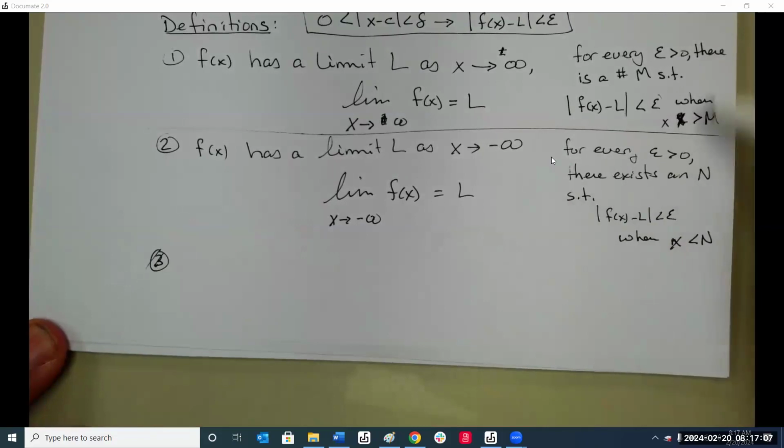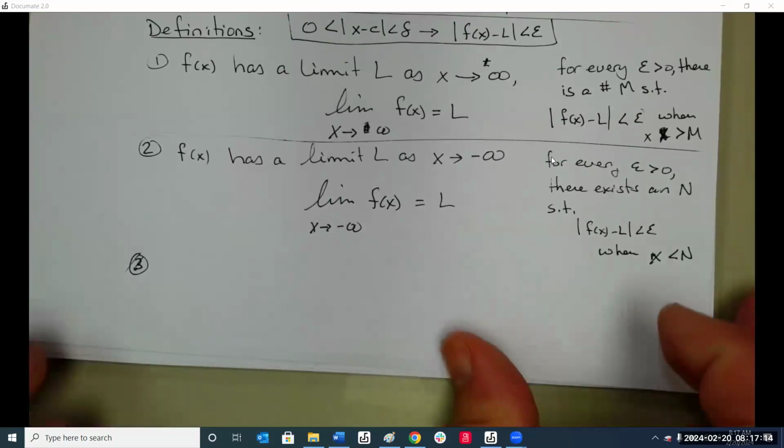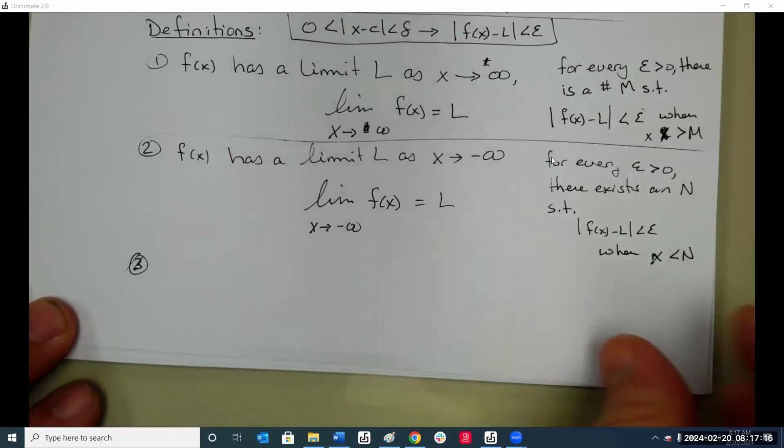So actually, we won't need these because those are proven right here. Remember, we have to prove both directions, one coming from the left, one coming from the right. And that's what these are telling us.